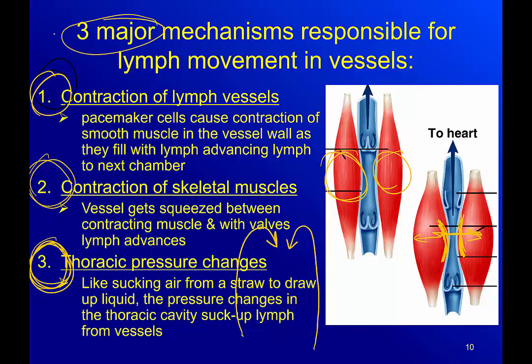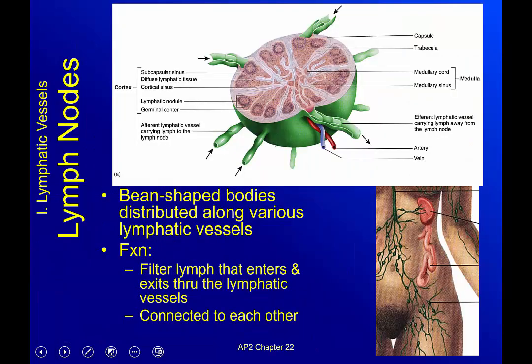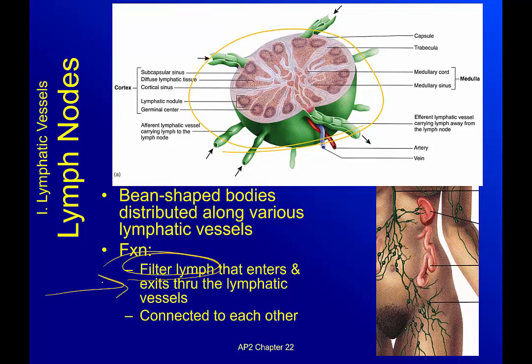These are the three ways that we move lymph from around the body back up into general circulation. So the lymph nodes, bean-shaped bodies, right? They filter the lymph that enters and exits through the lymphatic vessels. And as you can see here, they're connected to each other.